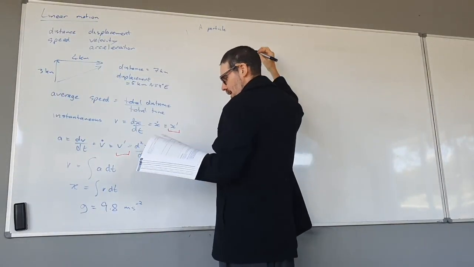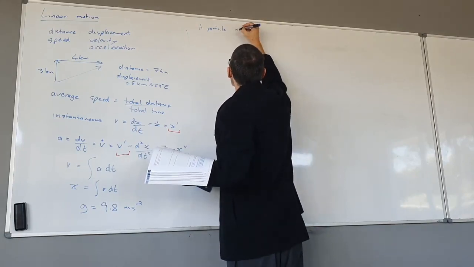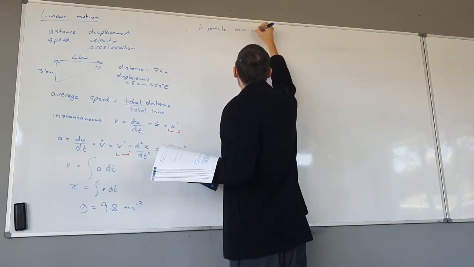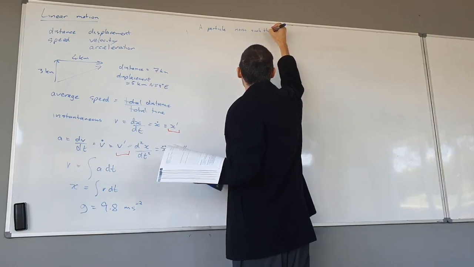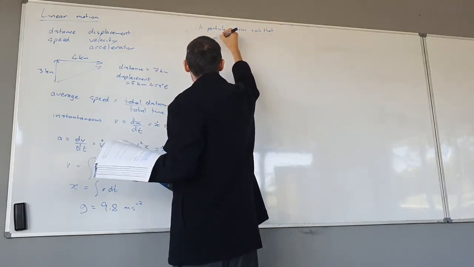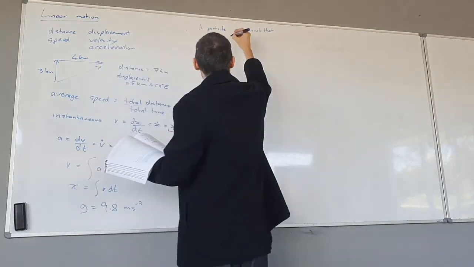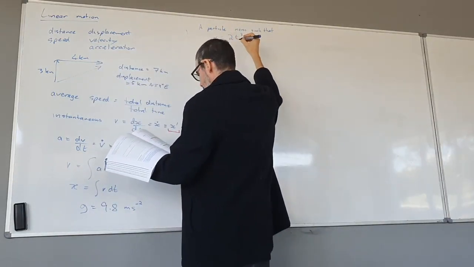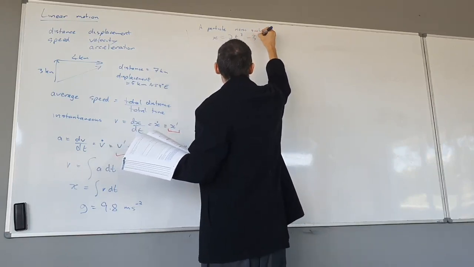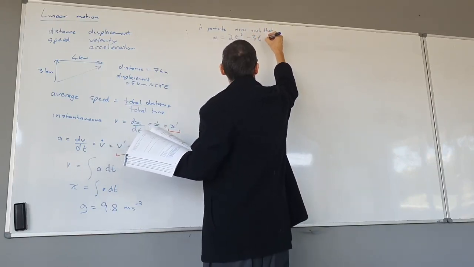A particle moves such that its displacement, pardon me, is 2t squared minus 3t plus 1.